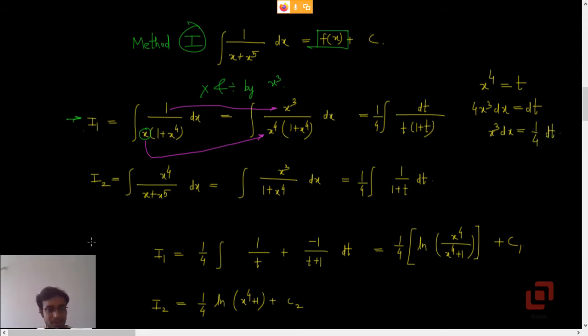Therefore x cube dx is now 1 upon 4 dt, and then x raised to 4 into 1 plus x raised to 4 will be t into 1 plus t. So a partial fractions problem.